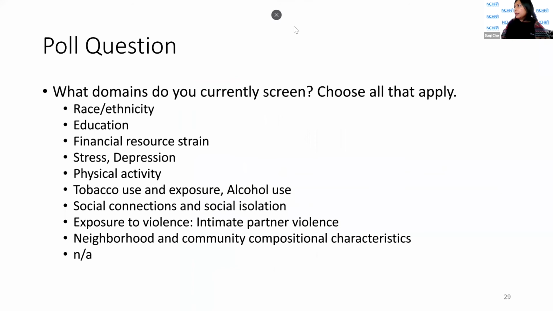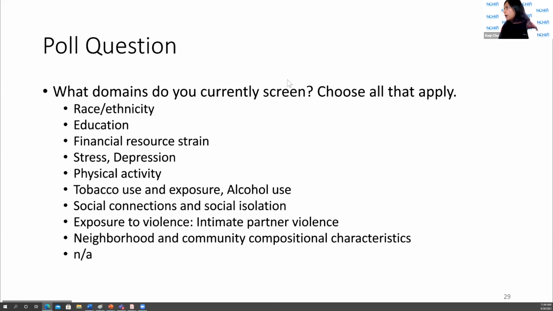So here's the next polling question. I'm just curious about what type of domains you all are currently tracking in your HR systems. So which domains do you currently screen? Please choose all that apply.